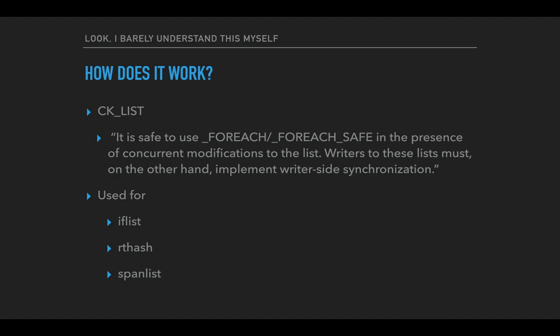That is, we can iterate the list and read it without taking a lock while somebody else is modifying it. So we don't even need to stop processing packets while somebody is adding a new interface, while we're learning a new MAC address, things like that. There is still the limitation that writers to these lists must implement writer-side synchronization. That is, we can still only have one writer at a time.